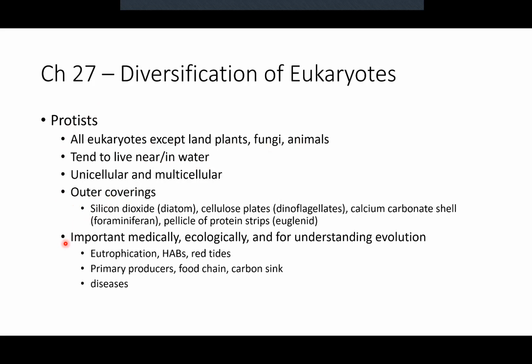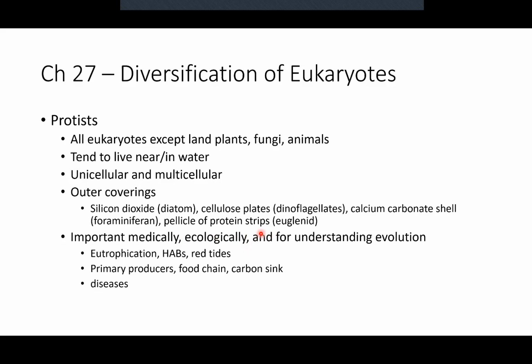And they have a lot of importance medically. They can cause diseases, both in people, animals, and in agriculture. They're significant ecologically. We talked about eutrophication, harmful algae blooms, and red tides.